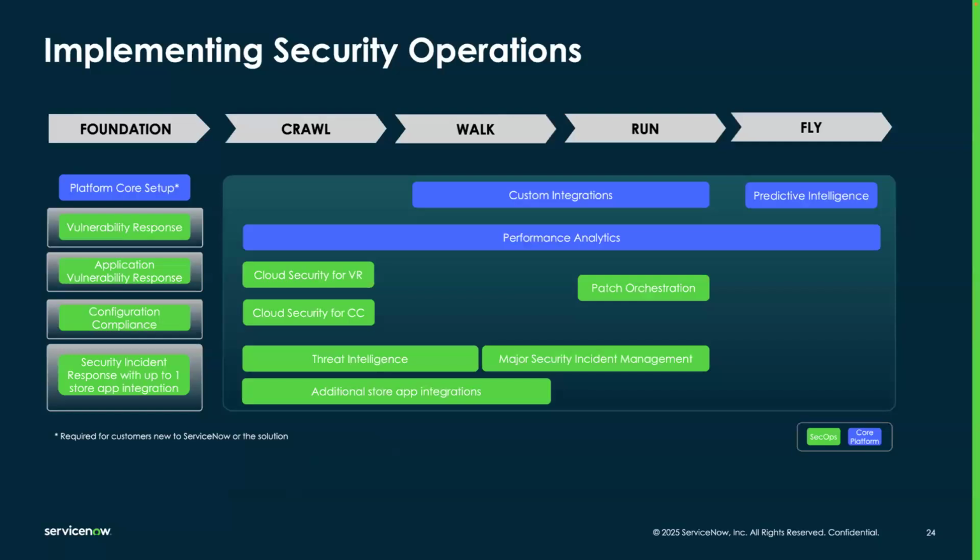As we think about that implementation journey, and this applies whether you're starting off with vulnerability response or security incident response, or potentially both, where we see success is in a phased approach. So looking at this from establishing our foundation, and then moving into crawl, walk, run. There are different capabilities, integrations, and workflows that you may look at throughout this journey.